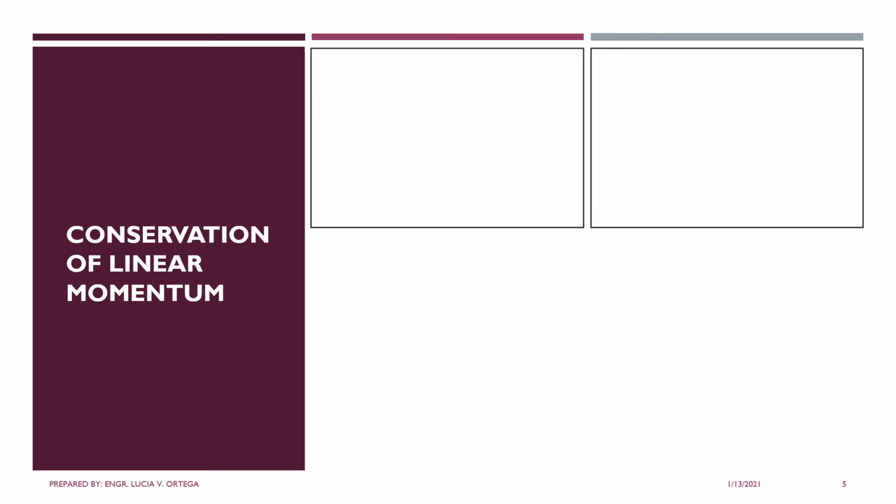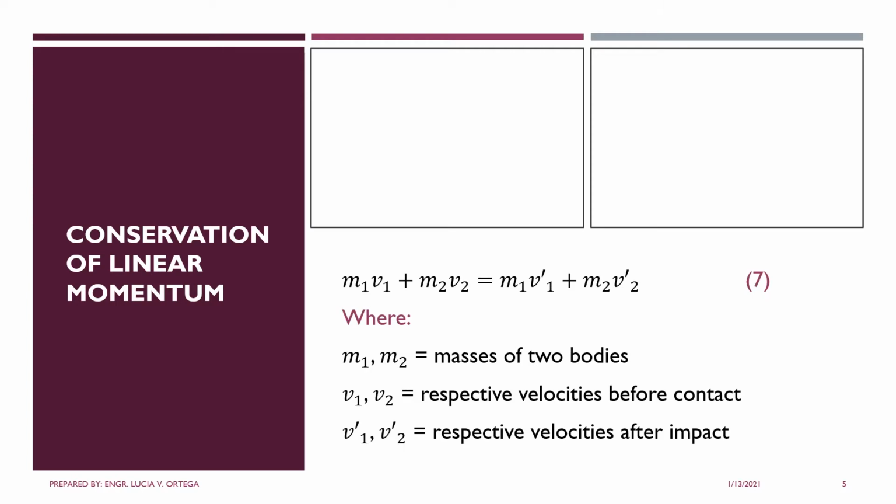So let's go to the next topic, conservation of linear momentum. This would be the equation: m1 v1 plus m2 v2. These are two masses with their corresponding initial velocities, v1 and v2.